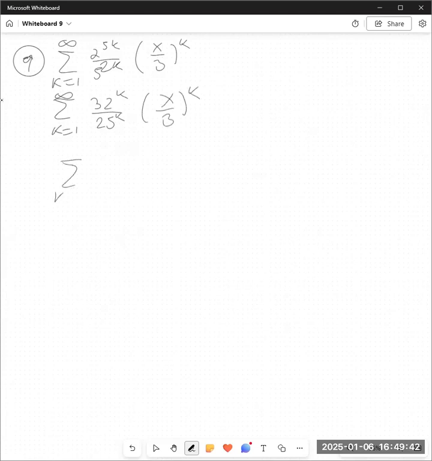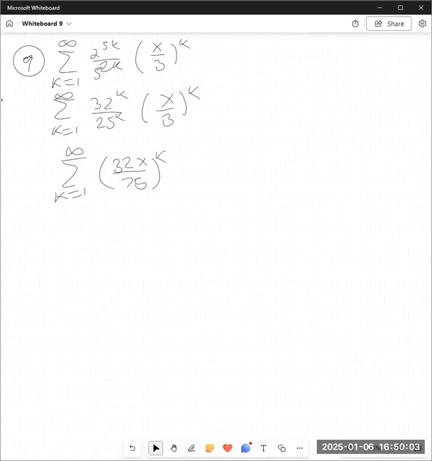I'm going to write this as k equals 1 to infinity. Again, let's get this all in here. 32x, 25 times 3 is 75. All that's to the k power.